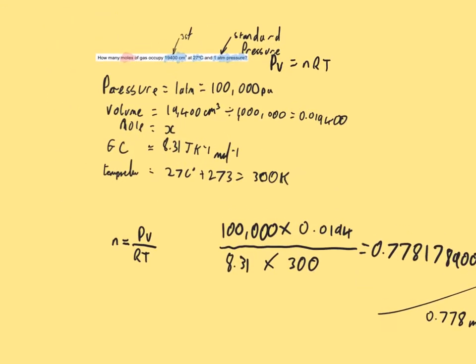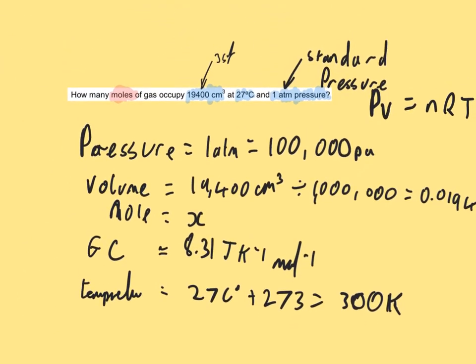So once again, I'll quickly go over it again. First thing you want to do is get your statistics. So our volume, our temperature, and our pressure. Remember, an atmospheric pressure is our standard pressure. Then figure out what you're calculating, which in this case is the moles. Then you want to convert everything. So 1 atmospheric pressure into 100,000 pascals. Our volume from the 19,400 to 0.0194 meters cubed. Our moles is what we're calculating, so that remains as X. Our gas constant, which is 8.31 joules per Kelvin per mole.